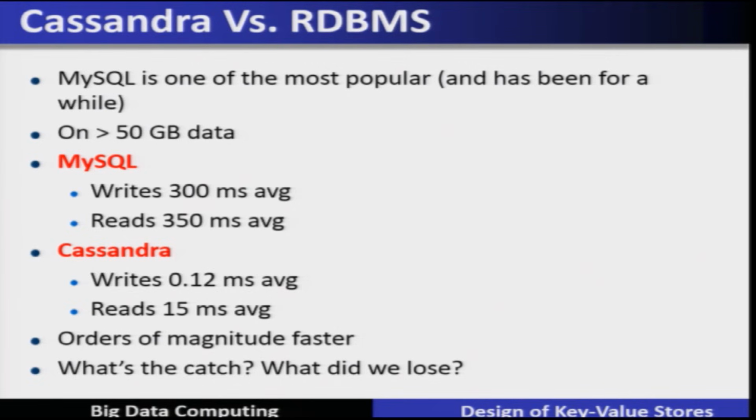If we compare it with Cassandra, writes are lightning fast, about 0.12 milliseconds on average. Similarly, reads are also very fast, 15 milliseconds on average. So, by orders of magnitude, Cassandra provides writes and reads much faster.